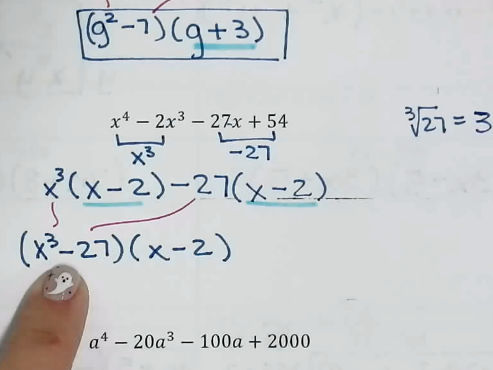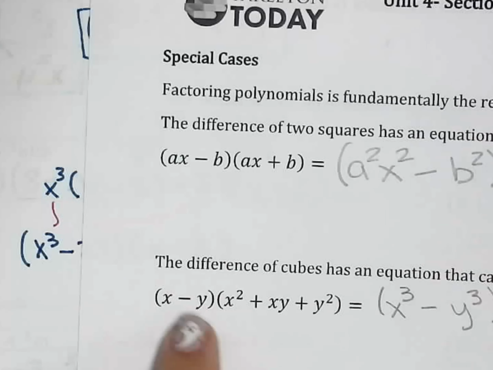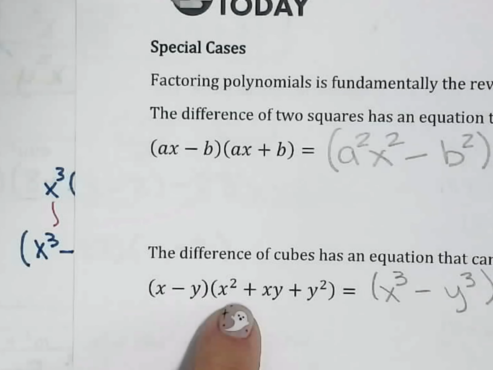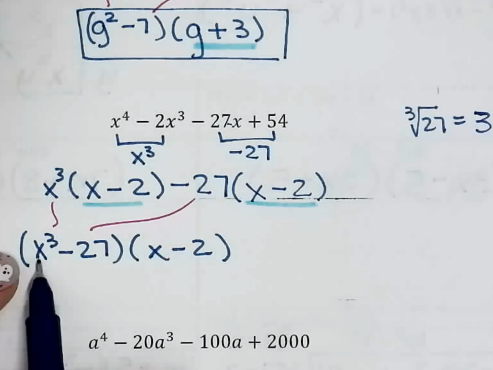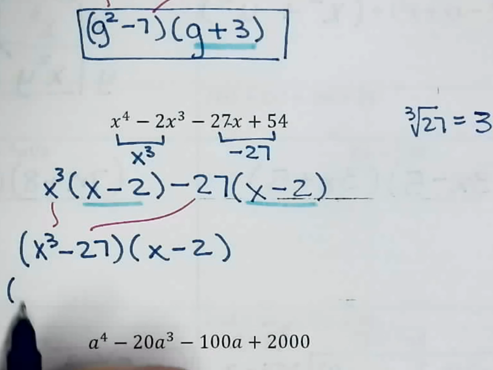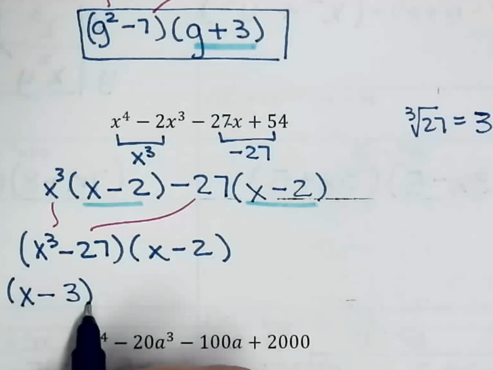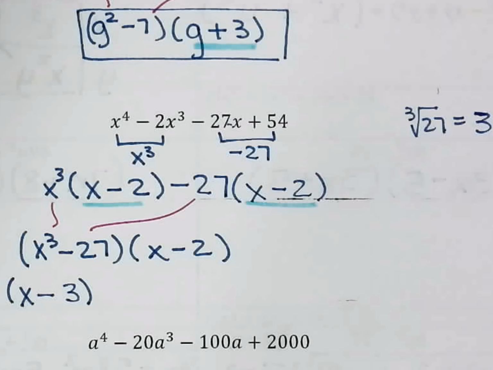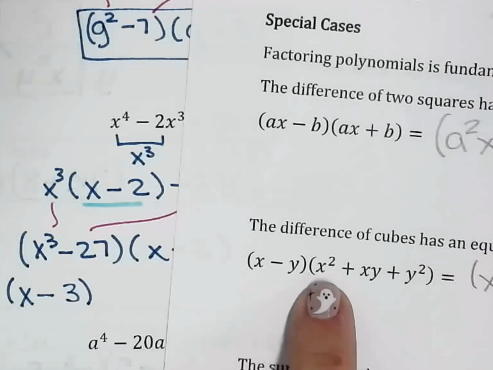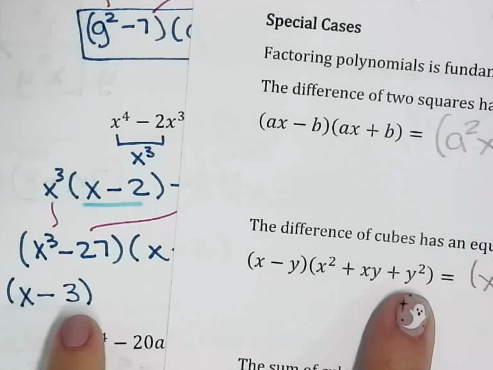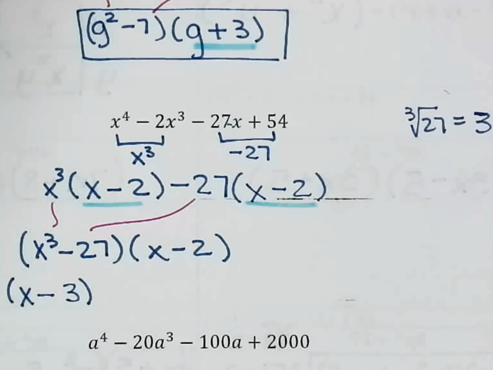This is difference of cubes. So I'm going to follow this formula right here for difference of cubes. Cube root, I get x, minus cube root, I get 3. Now, keep going with the formula. You're going to square the first one, you're going to multiply them together, and then you're going to square the 3.